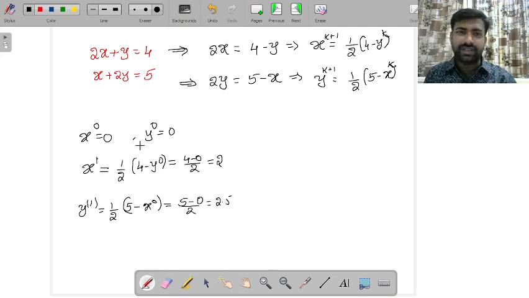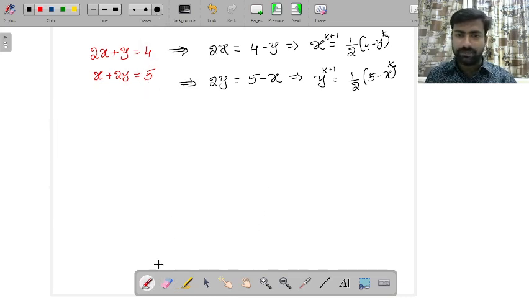But instead of writing this way, it is better to write a table so that it will be easy. So I'll write the iterative values here, xk and yk, and k here. Okay, so let me write when k equal to 0.